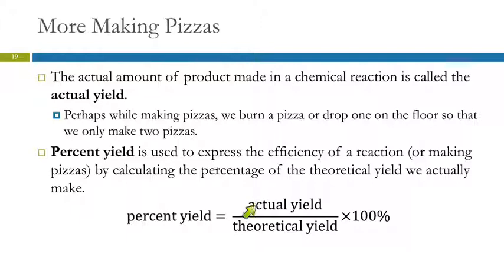Here the part is how much we actually made divided by the theoretical yield, how much we could have made in theory, times 100. So if you make 2 pizzas and you should be able to make 3, 2 divided by 3 times 100 is 67%. Which, if you're working in a pizza restaurant, they're probably not going to be happy with 67% yield. They're going to want it much closer to 100.